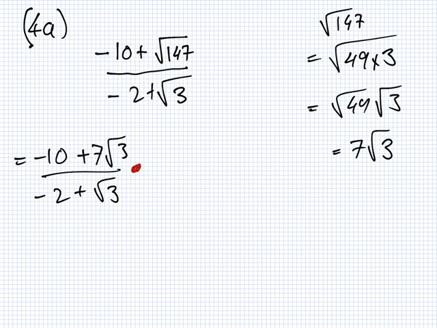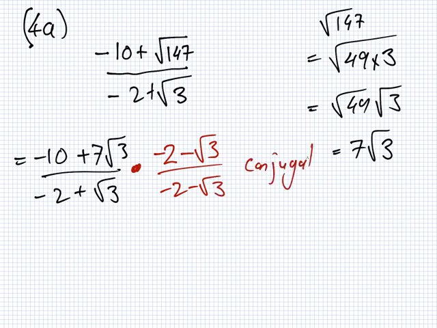Multiply the top and bottom by the conjugate: minus 2 minus root 3. This is called the conjugate. So first by first, first by second, and so on.